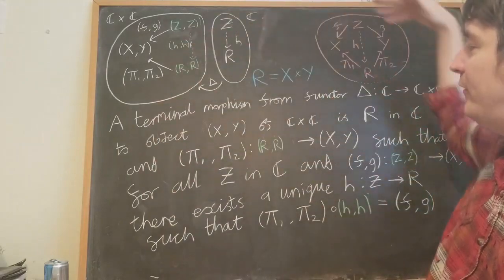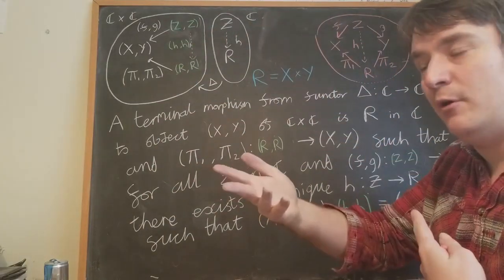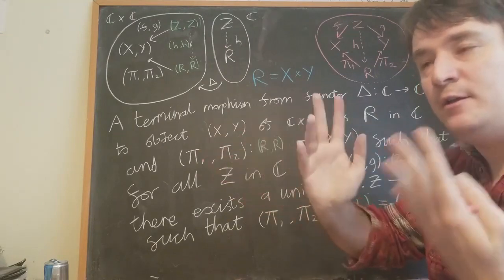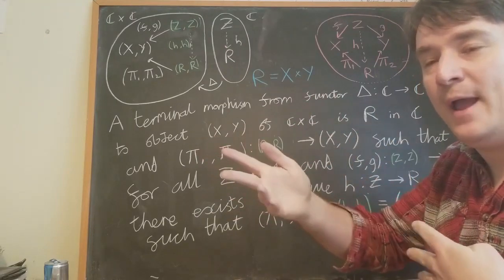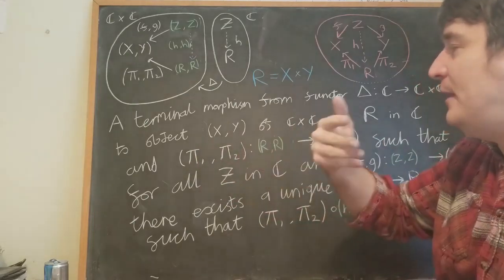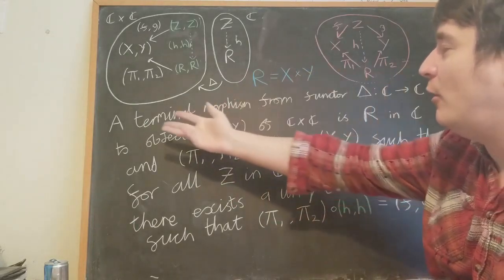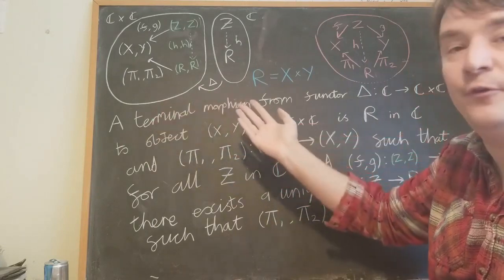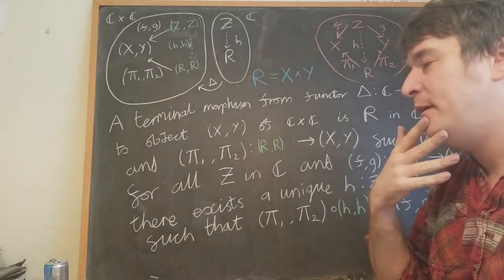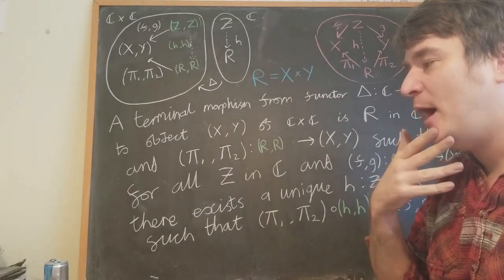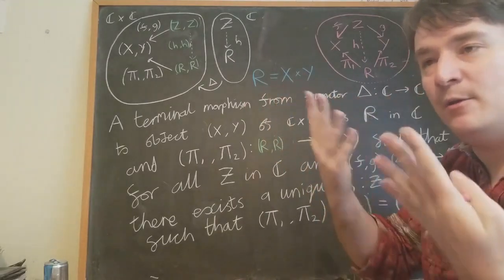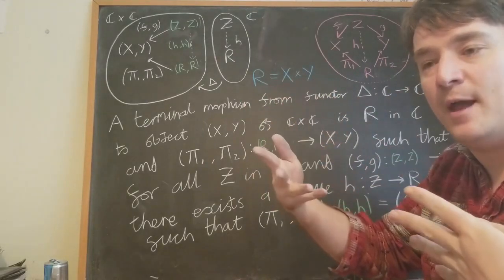Okay, so now we can see that the categorical product of two objects corresponds to a kind of universal morphism, okay? It's specified by one of these universal properties. It actually corresponds to a terminal morphism, okay? And later we're going to see that any two kind of similarly defined universal morphisms end up being isomorphic to each other.